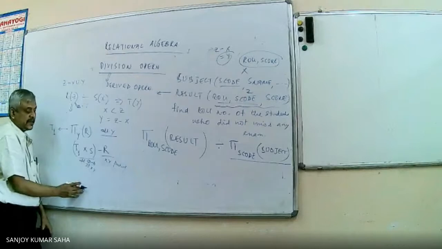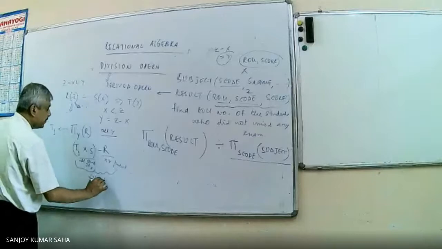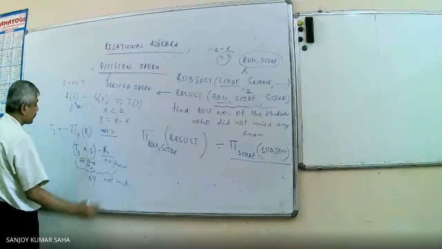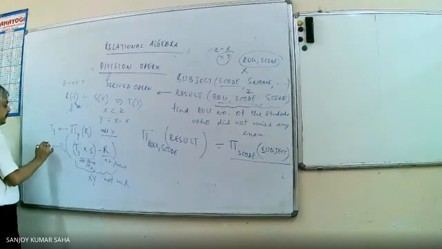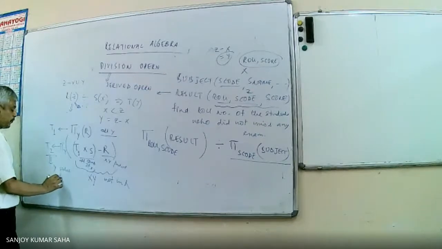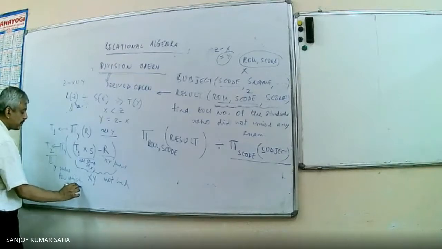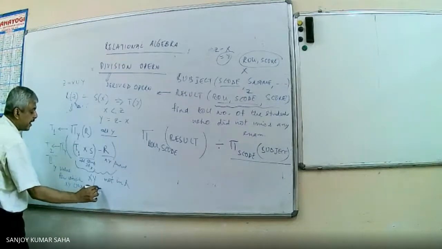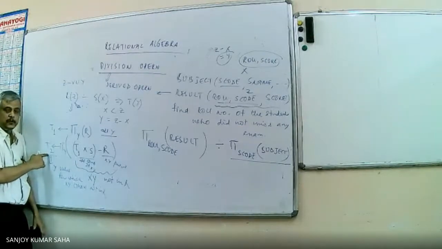So if we go for subtraction, this whole thing gives xy combinations not in R. Now if we take the projection of Y from here, then in T2 what we are getting is the Y values for which the xy combination is not in R. So these are the set of Y values which must not appear after the division operation.